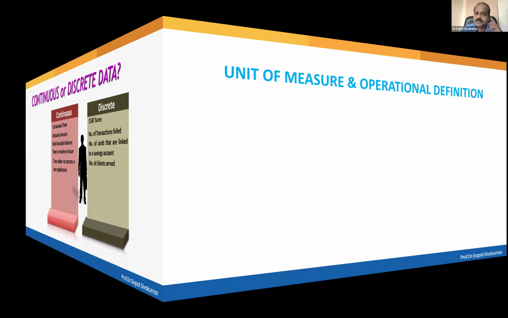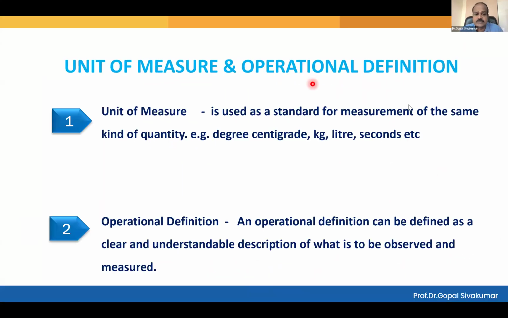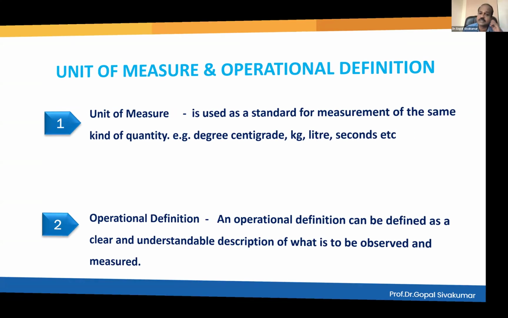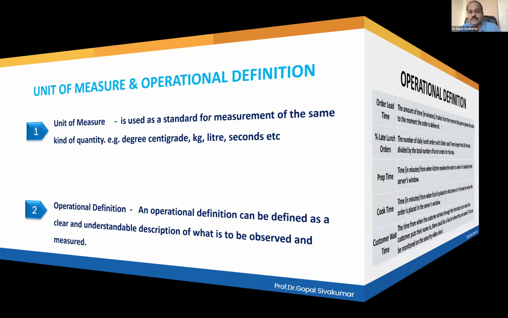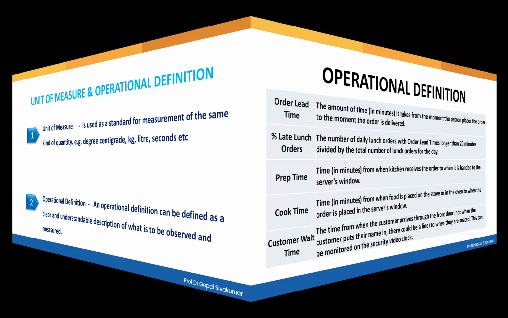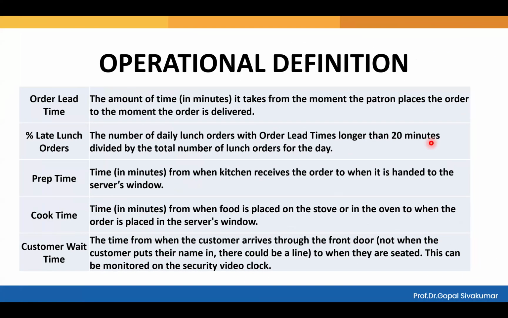Operational definition, I told you, means a clear, understandable description of what is to be observed and what is to be measured. See here, some example operational definitions are written. I expect all of you to write operational definitions for all the metrics you will be using in your first project. This is another kind of assignment.